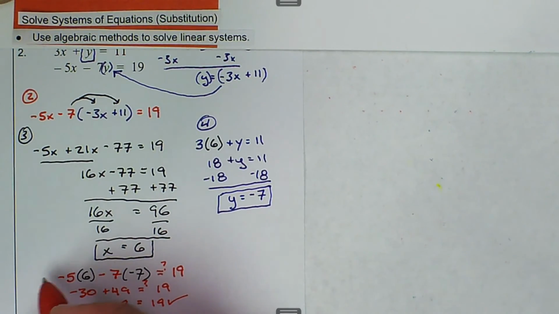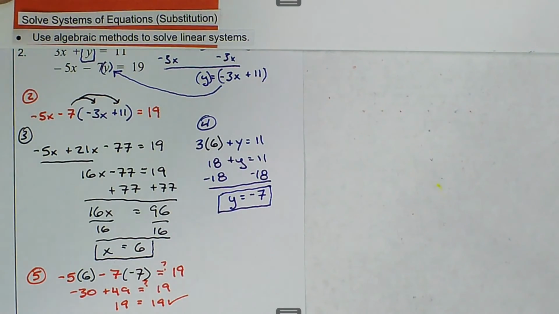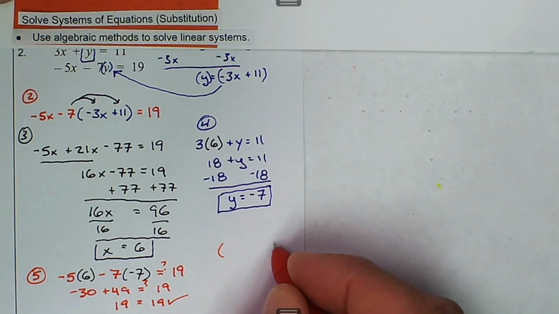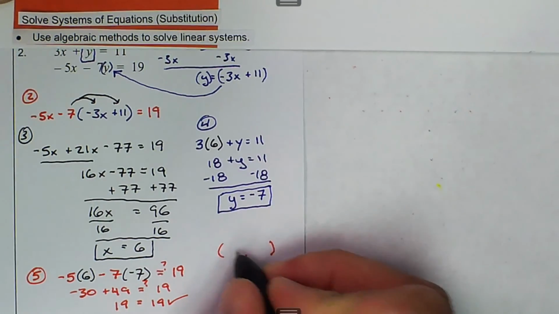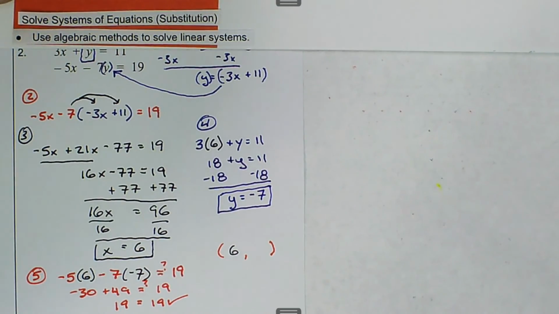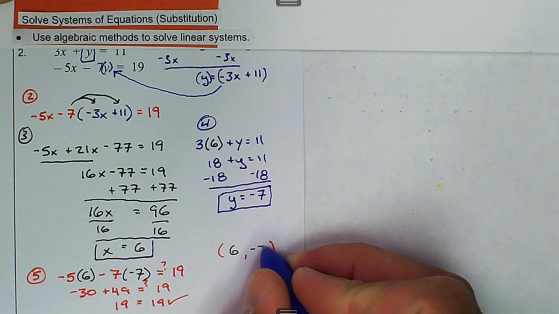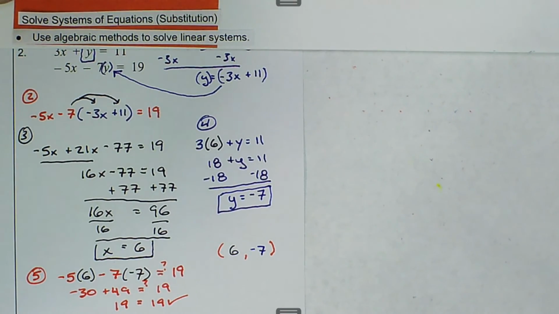And that's our check, and that was step number 5. So our solution is 6, -7. And for this one, there is one solution.